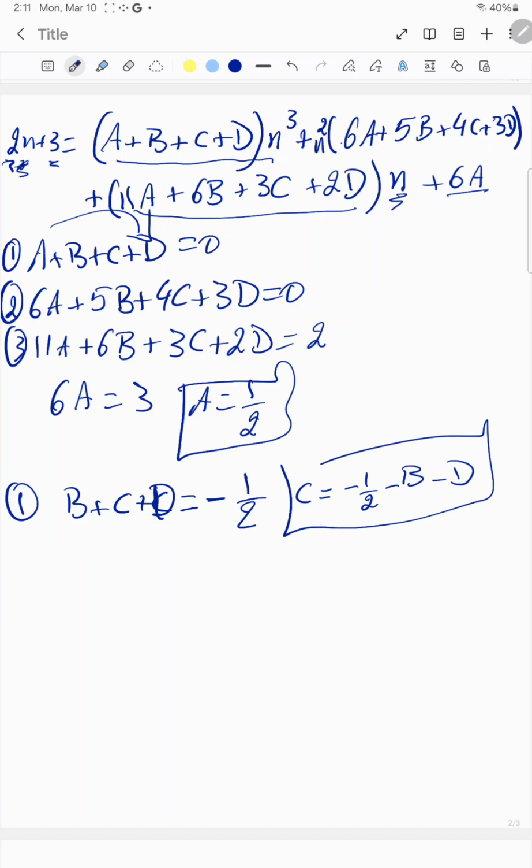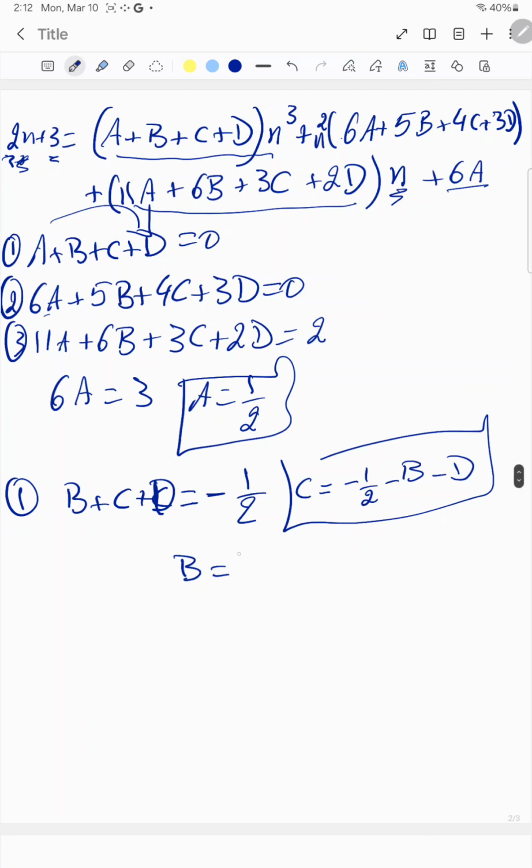And then I replace a by 1/2 and c by minus 1/2 minus b minus d, I'm sure you know how to do that. And you can find how much is your b and your d. If you do that, you will find that your b is equal to minus 1/2, your c is equal to minus 1/2, and your d is equal to 1/2.